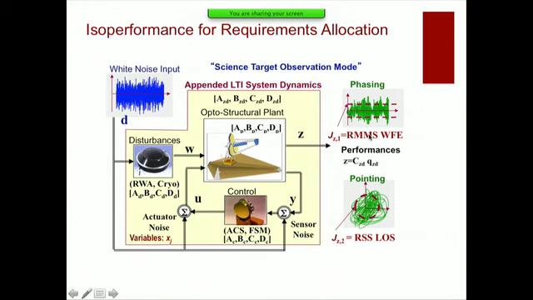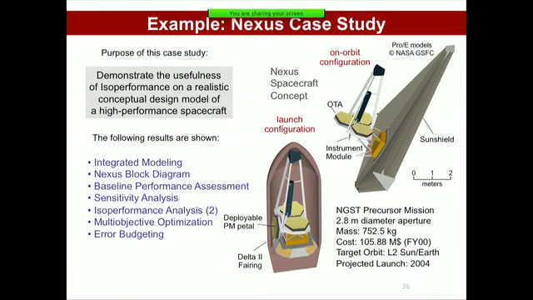And in order to achieve this optical pointing performance, we have the structure of the spacecraft, we have reaction wheels, we have controllers, and there are different kinds of noise sources that are trying to prevent us from pointing with this precision. So very quickly, this is what this Nexus precursor spacecraft looks like in the deployed configuration, and here on the upper right, in the stowed configuration.